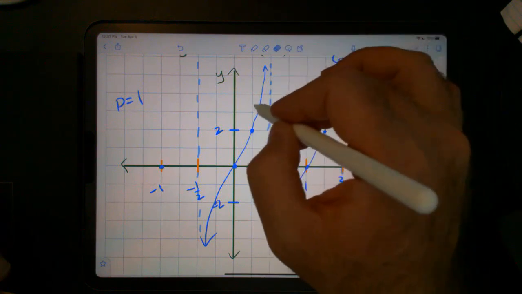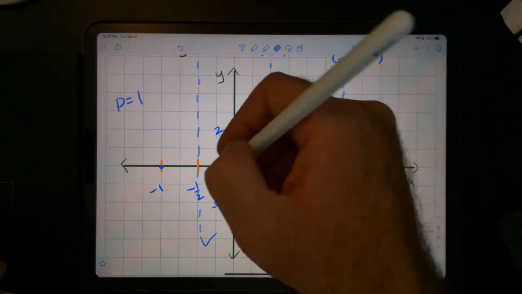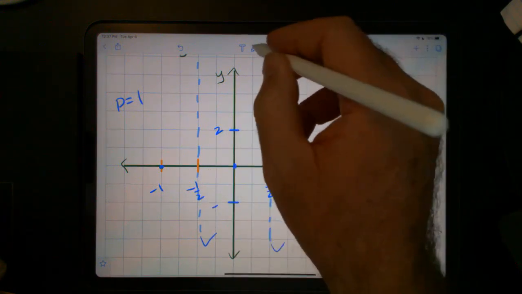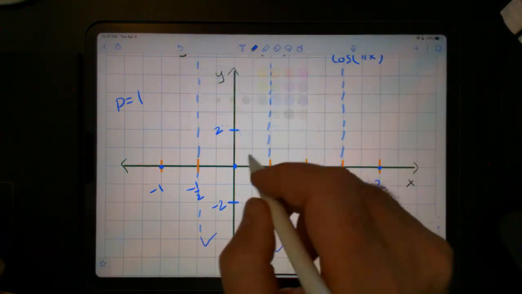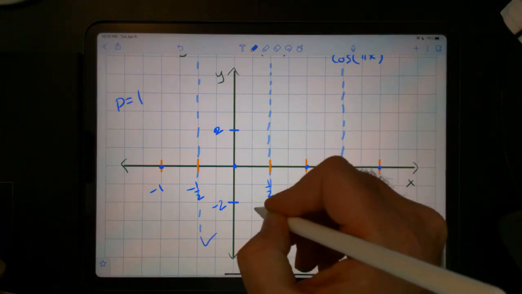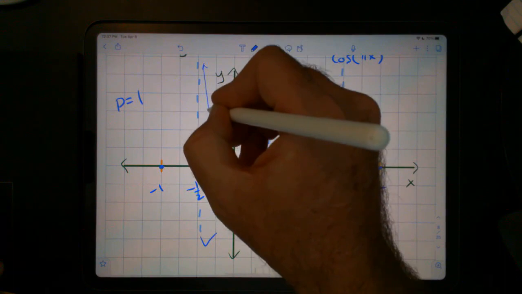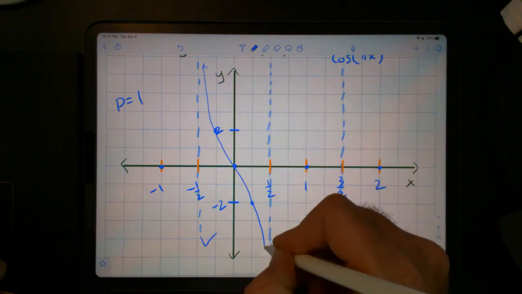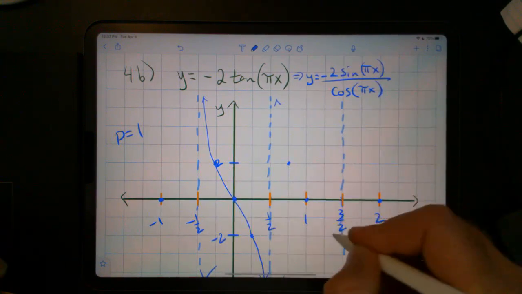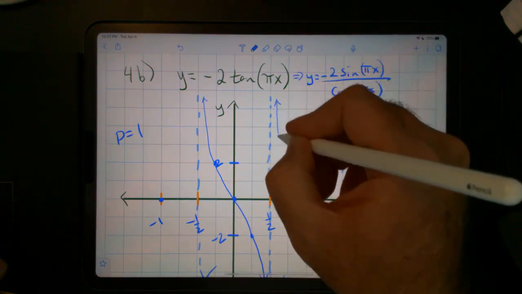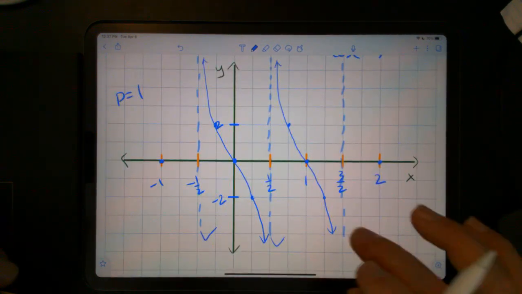Oh, I did those completely backwards. It's got a negative in front there. So it will actually pass in this direction.